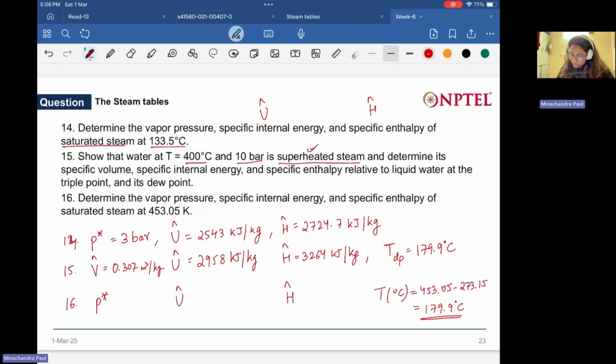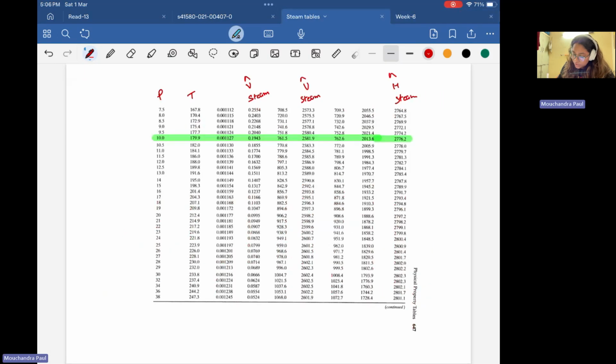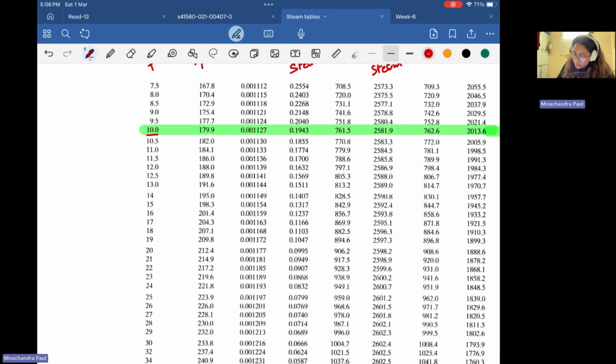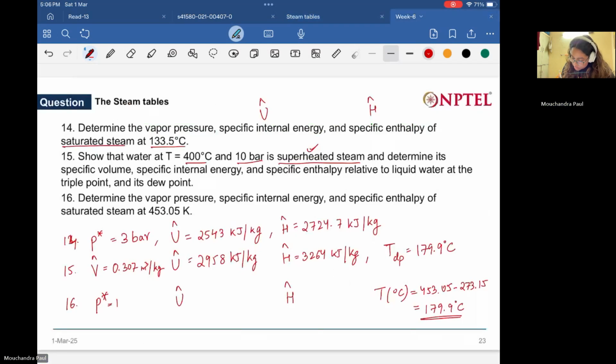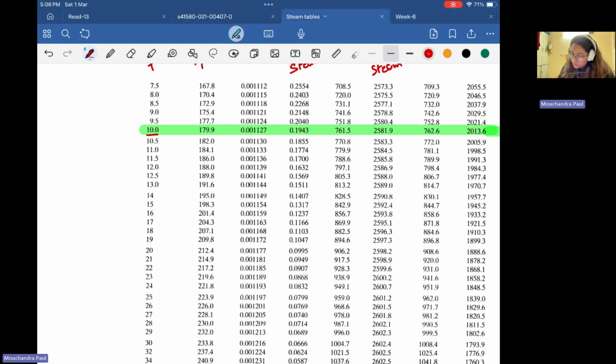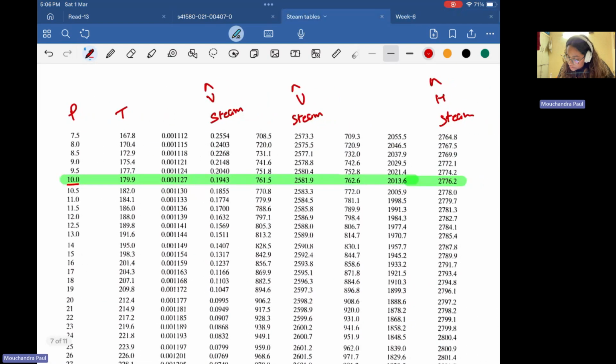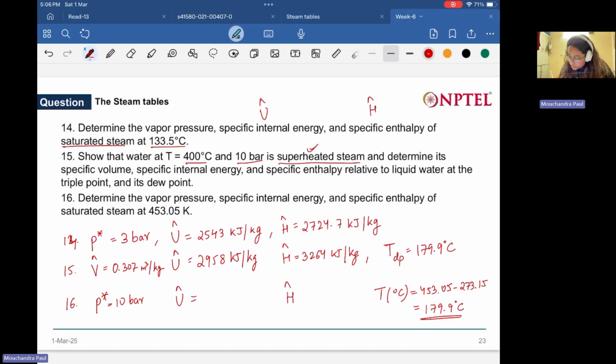So we have to get the values for saturated steam only. So we have to look at these values. First the pressure value, the pressure is 10 bar. Then specific internal energy for the steam is 2581.9 kilojoule per kg.